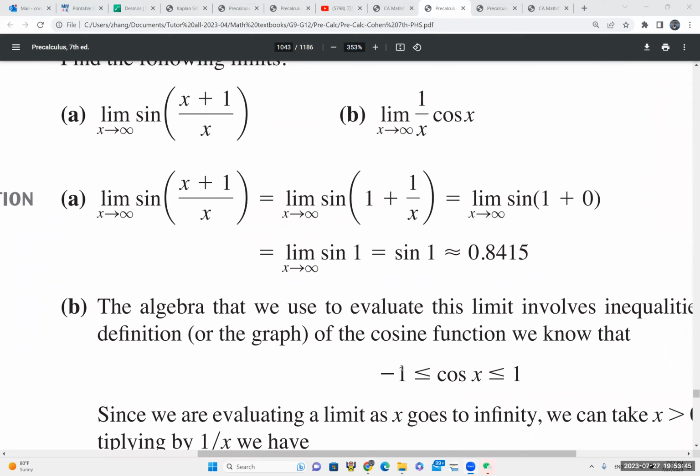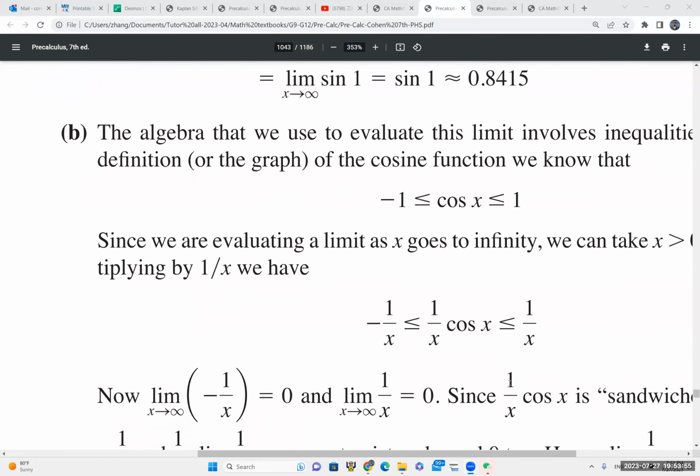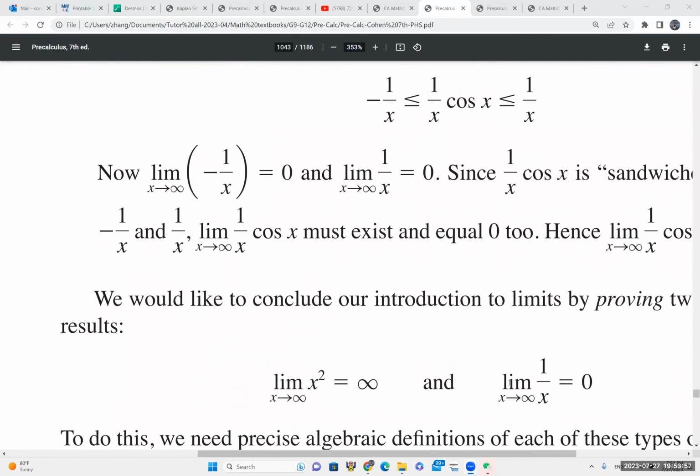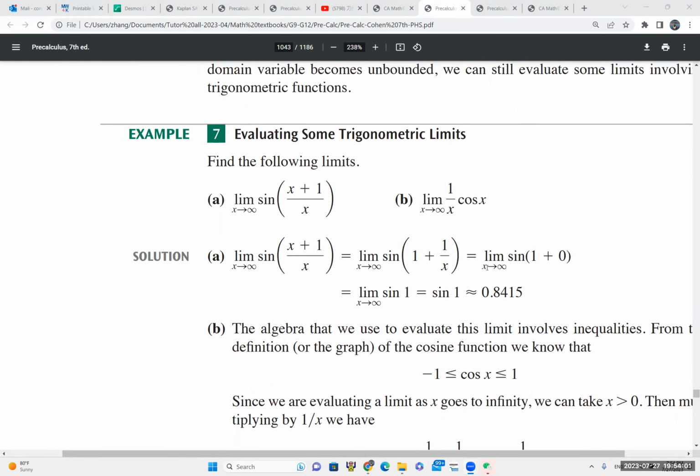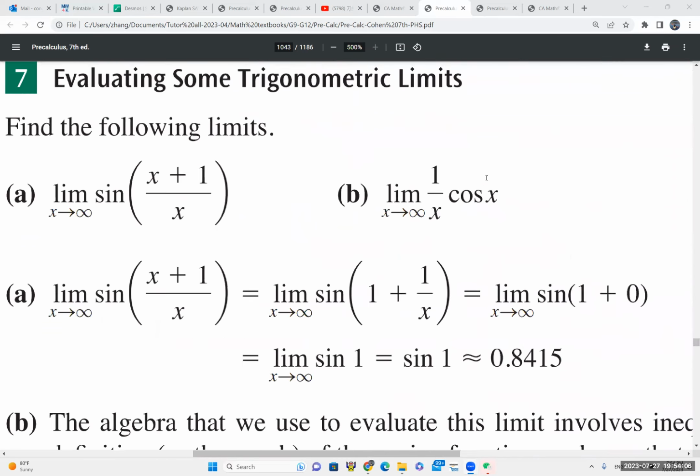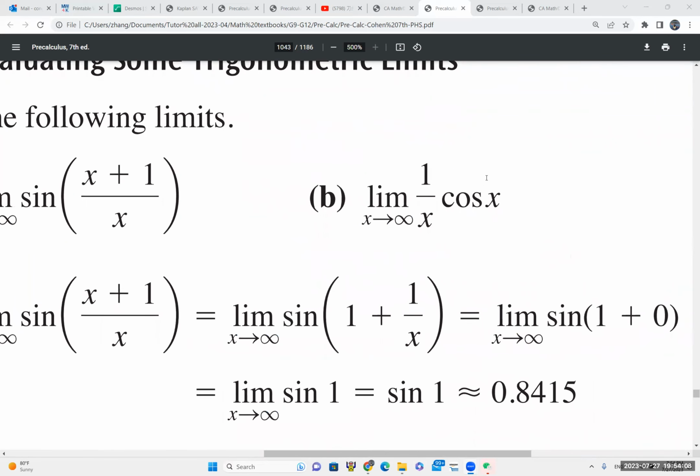Cosine x is always between -1 and 1. But when x approaches infinity, 1 over x approaches 0, right? Anyway, from common sense, it's easy to know the limit will go to 0.